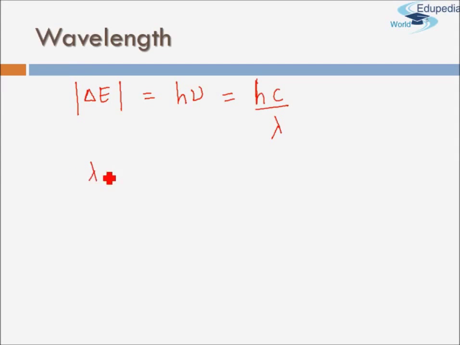So lambda is equal to, or an easier way to do it, 1 by lambda is equal to mod of delta E divided by hc.